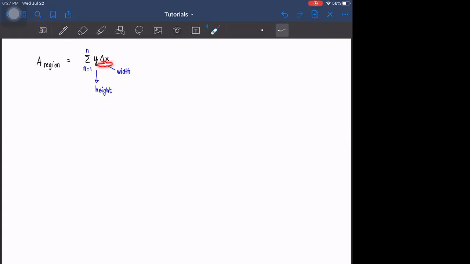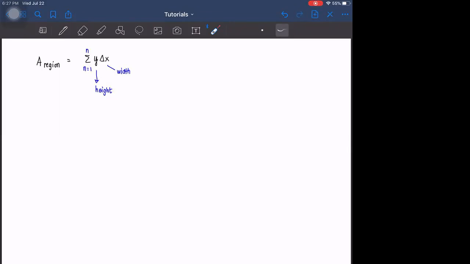Unsa man na nga concept sa calculus nga kanang pa-approach na to og certain nga value ang function? Limit. Very good. The concept of limits. Very good.